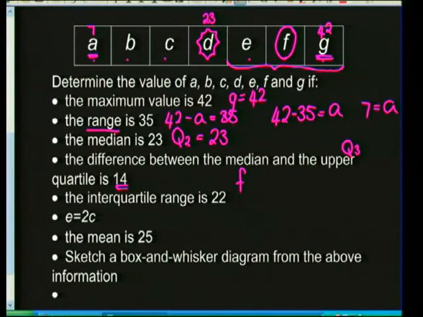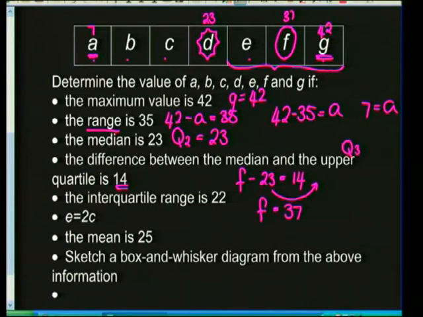So therefore your upper quartile minus your median, which was 23, is equal to the difference of 14. Right. So when I bring that over, my F is going to land up being 14 plus 23, which is 37. Okay, so that over there gives us the value of 37. All right, I hope you guys are following.